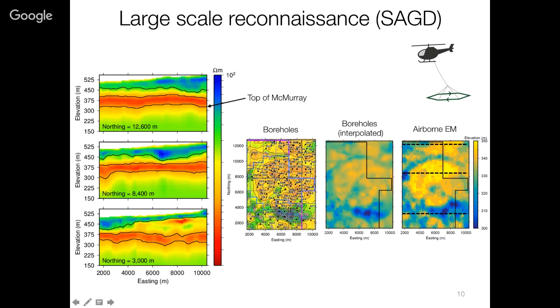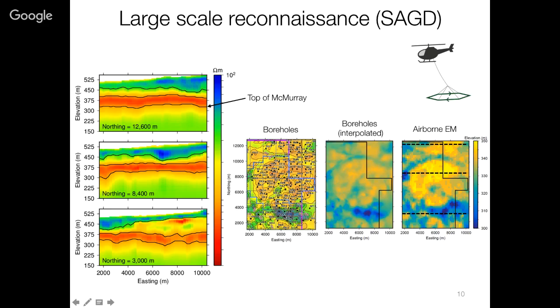For the example that we have here, people connected with the hydrocarbon industry were really interested in this. This is a cross-section of the geology, and the red here is a resistive region, and that's a clay cap.